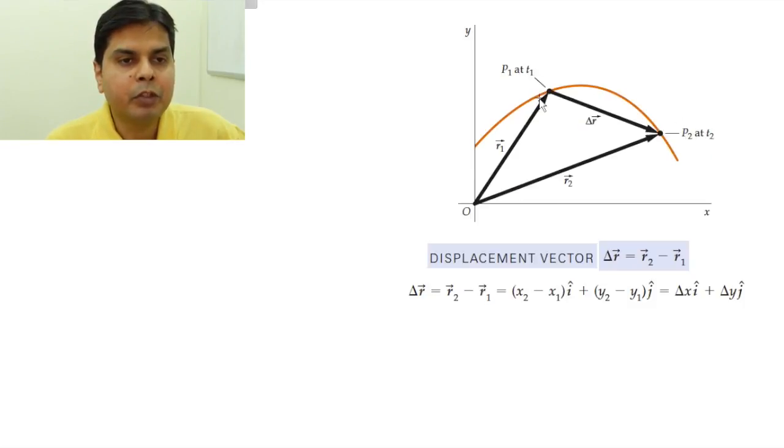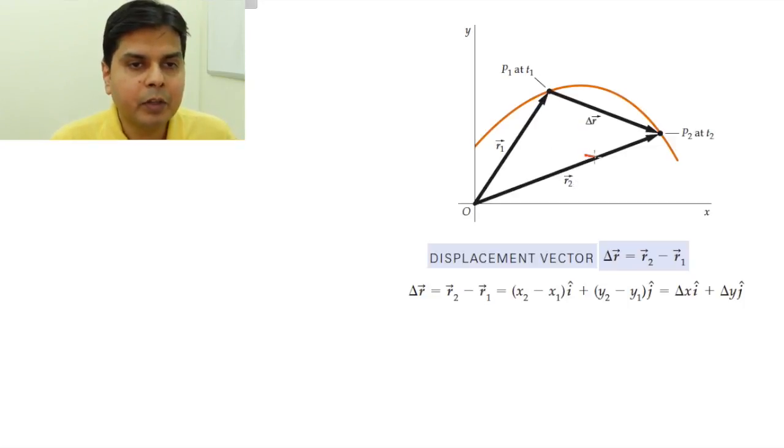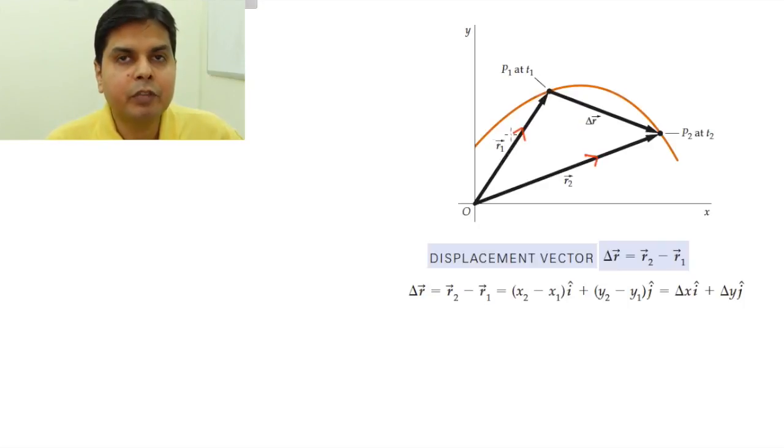So the initial position vector is r1, and finally the position vector has become r2. This is my final position vector. So at time t1 the position vector was r1, at time t2 the position vector is r2. So displacement in this time t1 to t2 is given by the displacement vector delta r is equal to r2 minus r1.